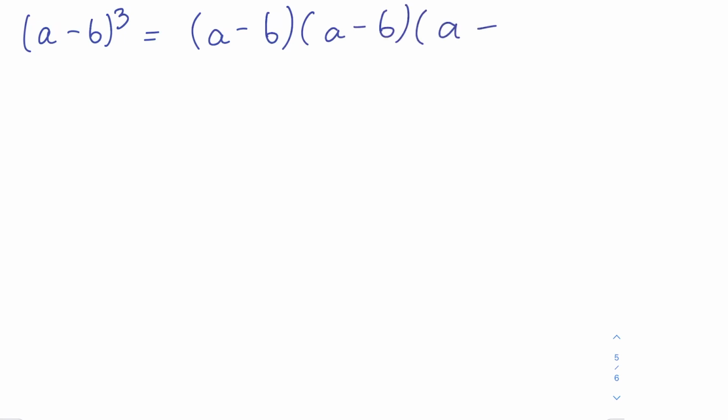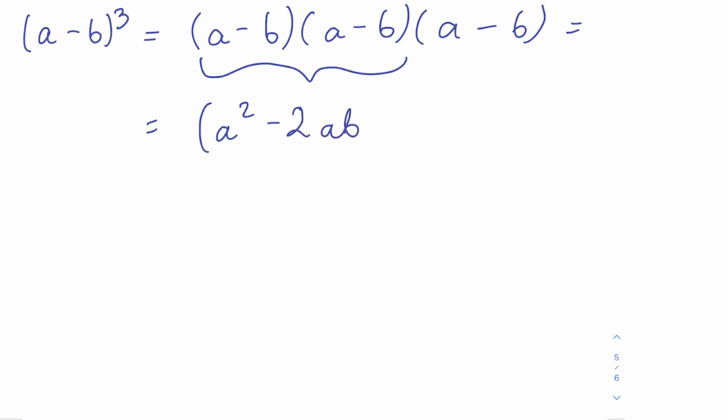So a minus b to the power of 3 means a minus b times a minus b times a minus b. So we know that a minus b times a minus b would simply be a squared minus 2ab plus b squared, and all that times a minus b.